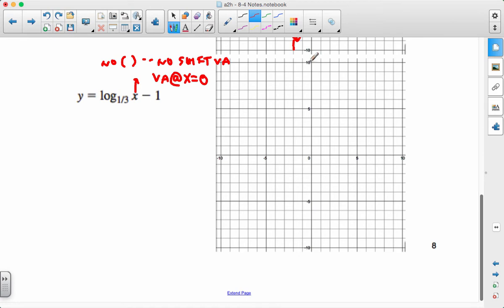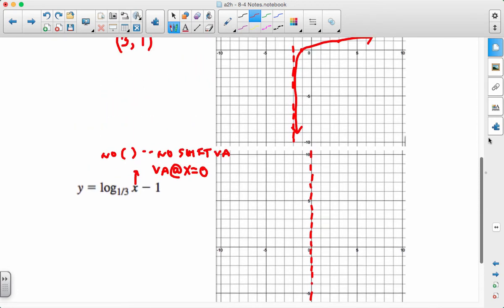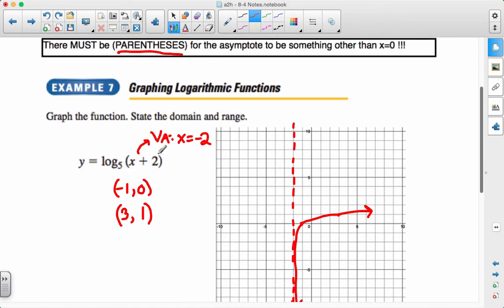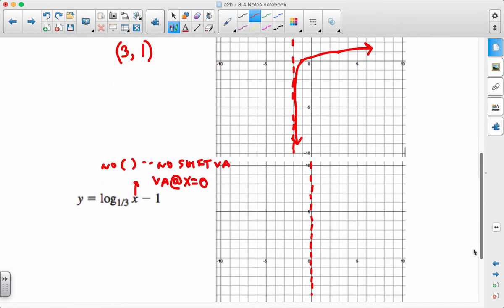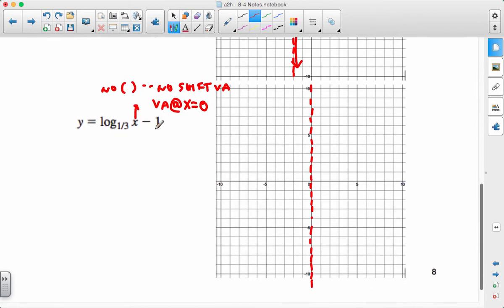It's still the y-axis because there were no parentheses. That negative 1 right there is not a horizontal shift. That is your k. That is not an h. This 2 is your h because it's in the parentheses. This -1 is a k. That's a shift down 1. Okay, so make sure and look for that.